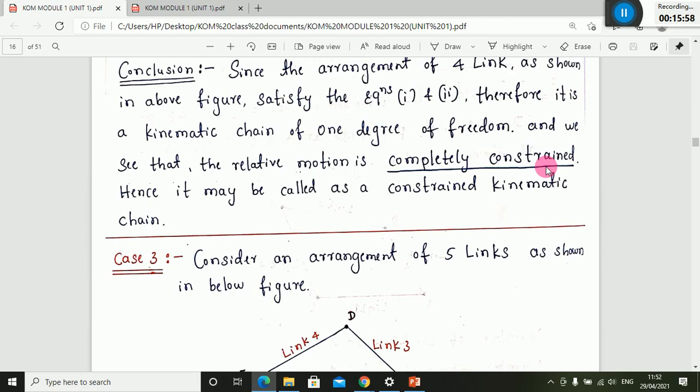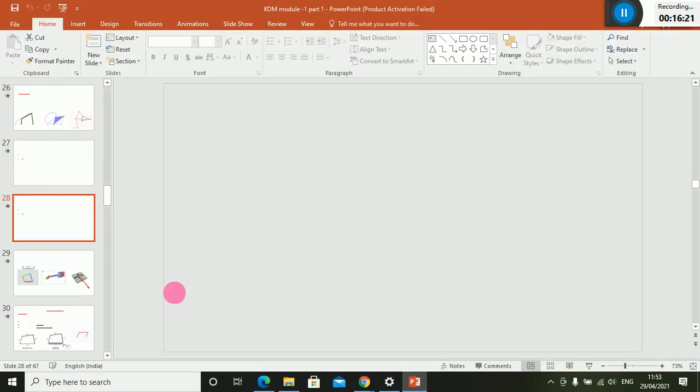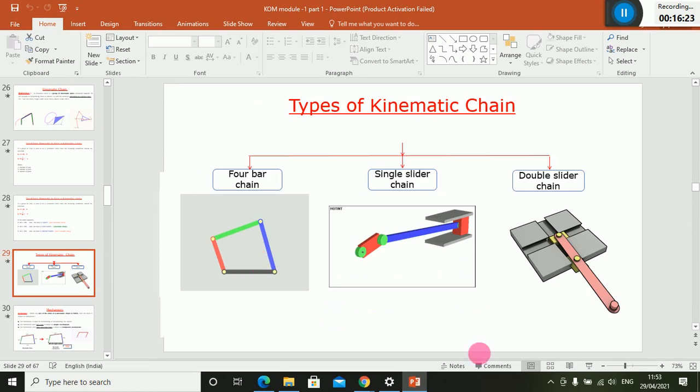Also, you have seen the wipers present on the front glasses of cars. Just try to imagine the motion of the wiper. Always it will be in a certain path. It will not deviate from its path. It means completely restricted or constrained. So if you want the animation of the 4-bar chain, you can see this one.